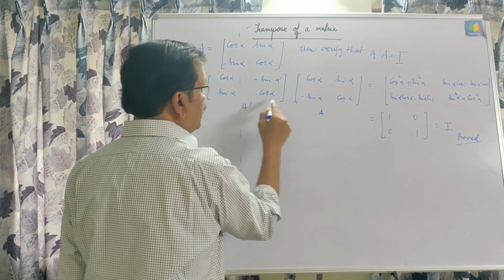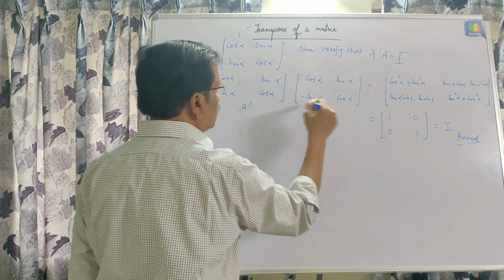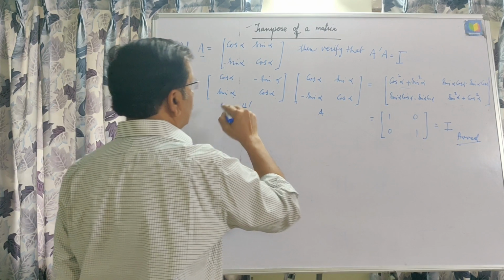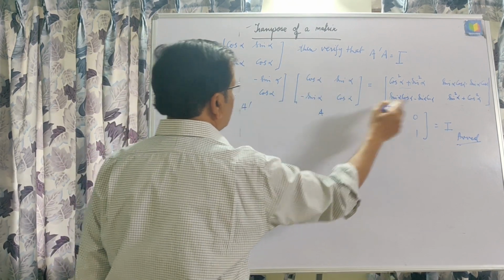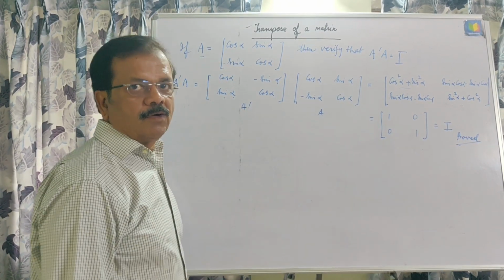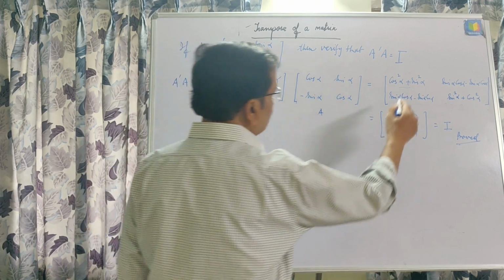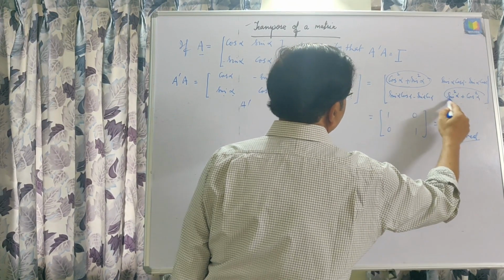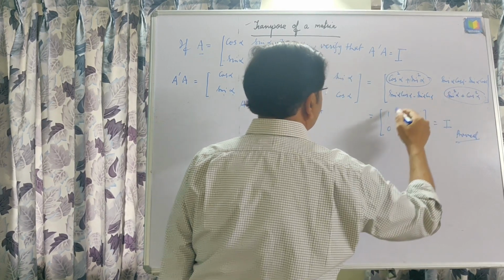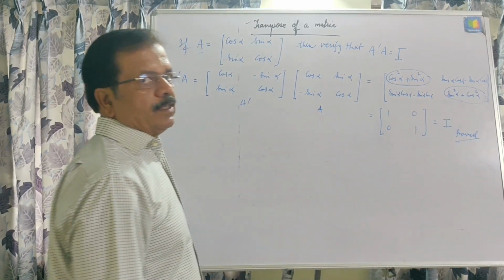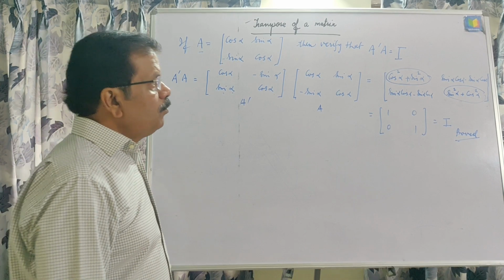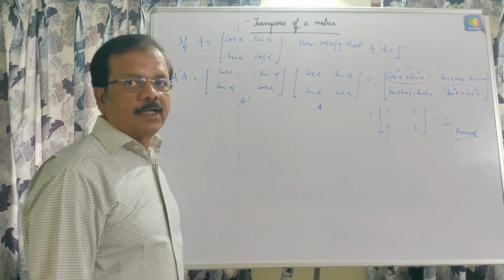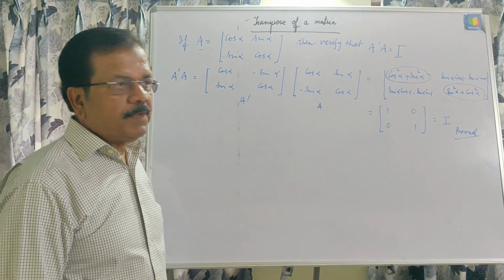Here, second row first column, sin alpha cos alpha minus cos alpha sin alpha, and sin square alpha plus cos square alpha. Okay, and then we can see this value is 1, we know this identity, this is also 1, this is 0, and this is 0. So 1, 0, 0, 1, which is the value of I of order 2, that is the unit matrix.